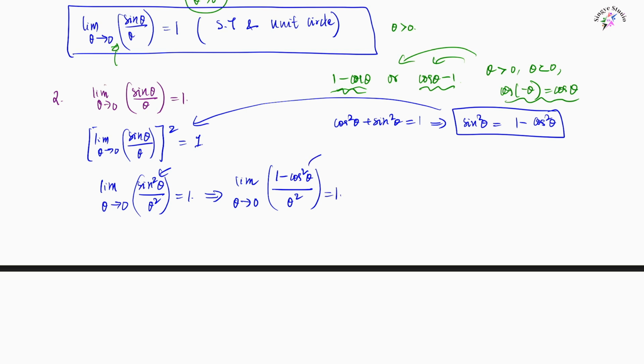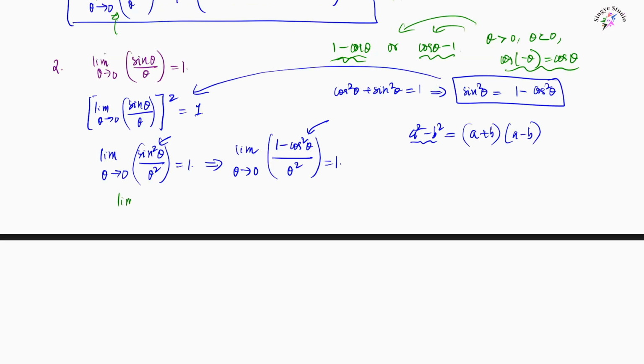So if you notice this very carefully, this is a difference of squares, in the form a squared minus b squared, right? 1 squared minus this one. So we can write this in the form (a plus b) times (a minus b). So we can modify this and write the limit as theta approaches 0 of (1 plus cosine theta)(1 minus cosine theta) divided by theta squared equals 1.